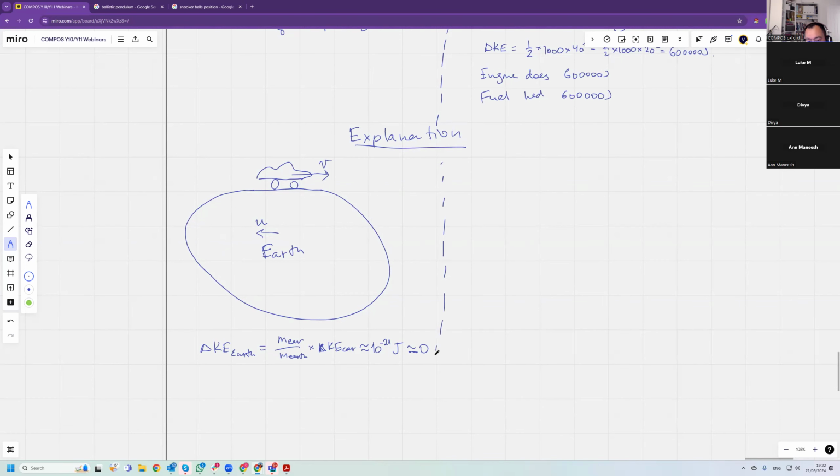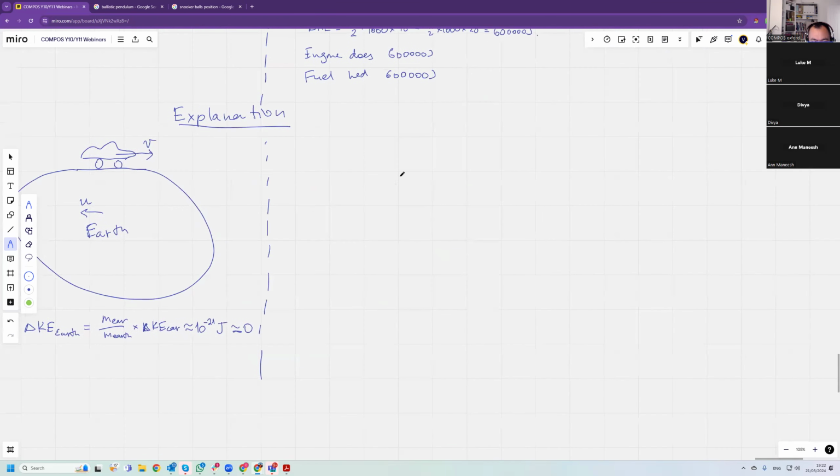But if you now go into the frame of reference of the other car, now the car is moving at 20 towards you, and the Earth is moving at 20 towards you.